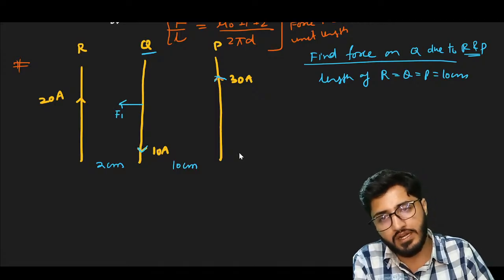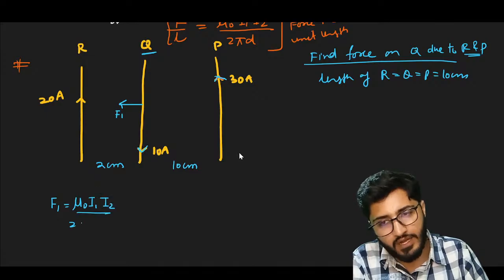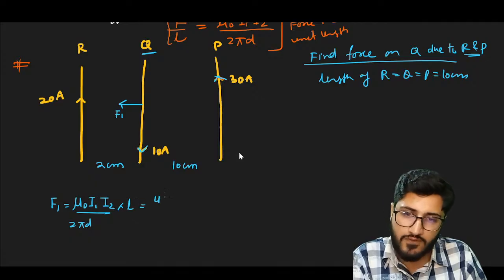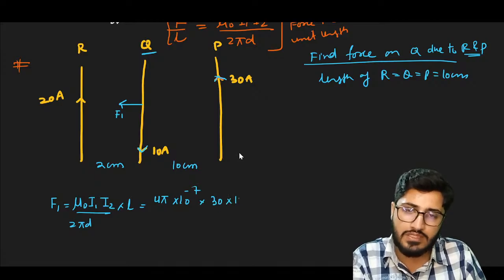It is F1. So what is F1 now? F1 is mu naught I1 I2 divided by 2 pi d into L. Mu naught is 4 pi into 10 to the power minus 7. I1 is 30 ampere. I2 is 10 ampere. Length is 10 centimeter.